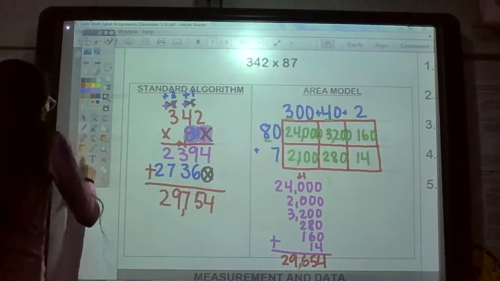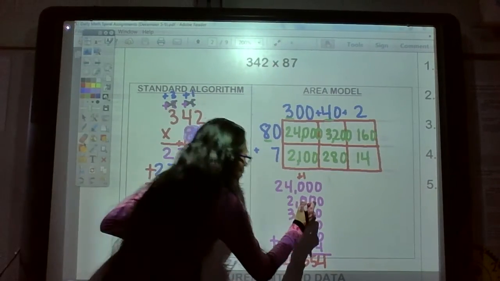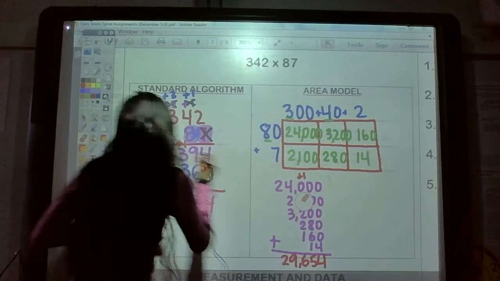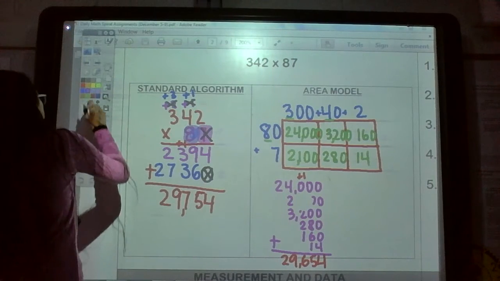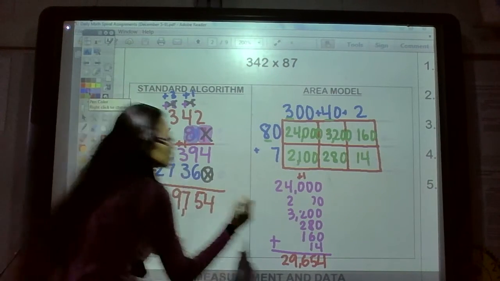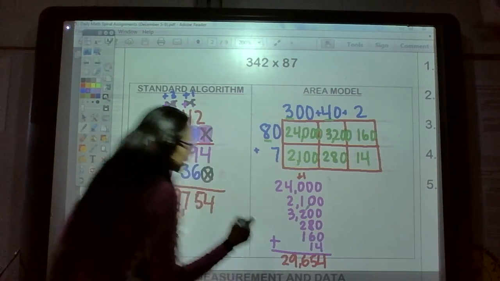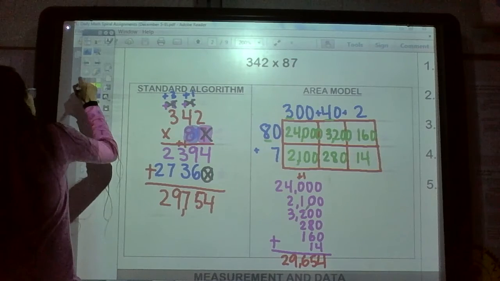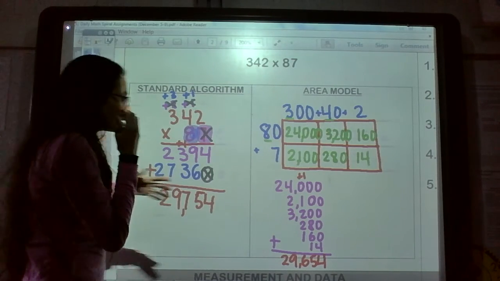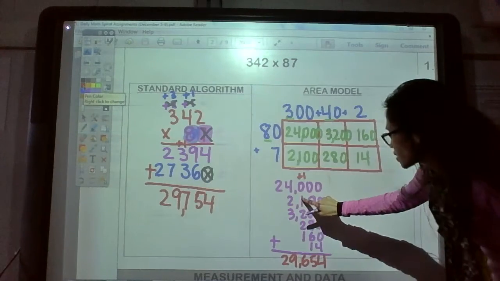All right, so I need to erase that. So that's a 2,100. All right, now we can add that. So that's a 0, and there's that extra 1.